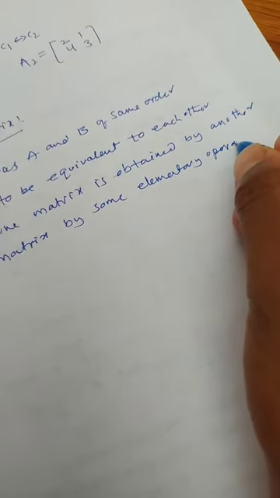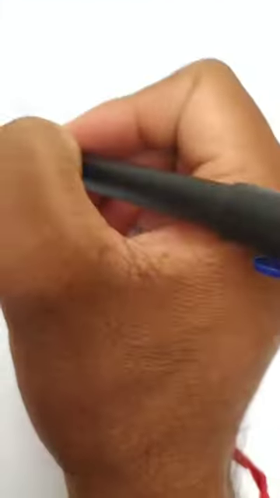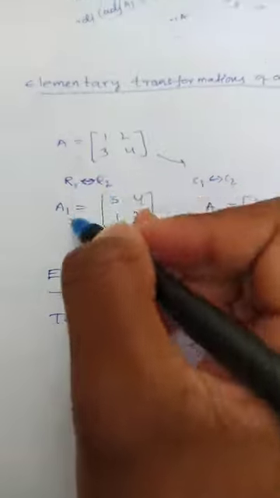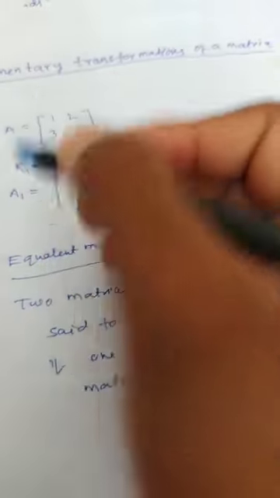Here elementary operations means they may be either row operations or column operations. For example, here I got the A1 matrix by interchanging the R1, R2 rows. So here A1 and A are equivalent matrices. The order is the same, but the rows are interchanged.